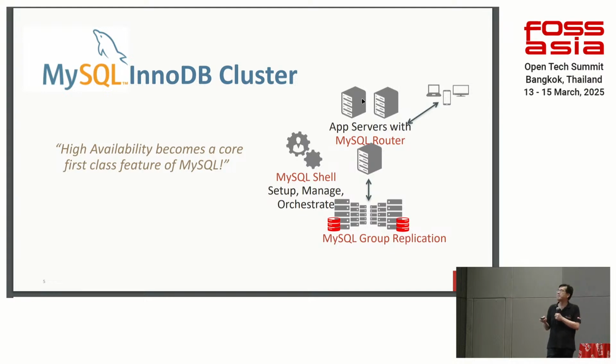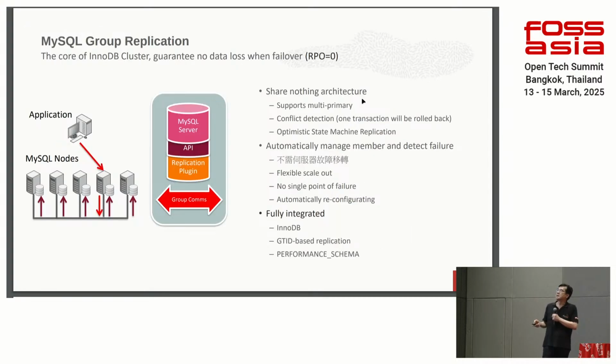It is a single primary mode, of course, group replication can also support multiple primary nodes. The router will dispatch the SQL command from the application server to find the right node to return the data and to do the required operations.